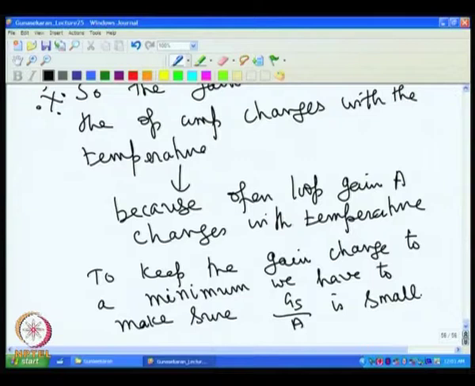That means, one should not try to get large gain in one single op amp. That is the thing that we have to remember.